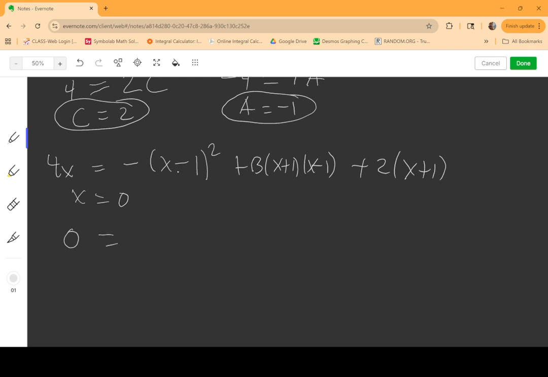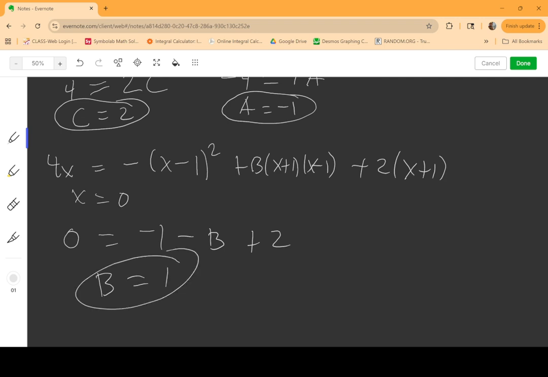And then on the right, here, this is 0 minus 1 squared. That's 1, but there's a negative on here, so we get negative 1. And then here, b, if I plug in 0, we get 1 times negative 1, so we get minus b. And the last one, 0 plus 1 times 2, so we get plus 2. And then solving for b, we get b is equal to 1.